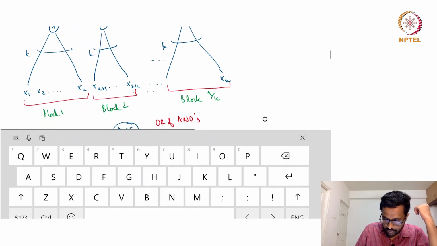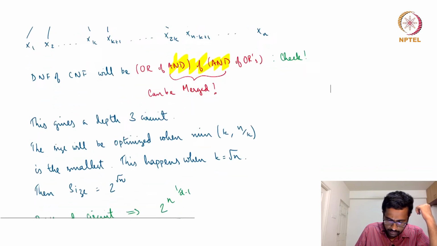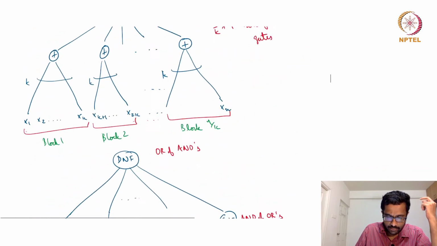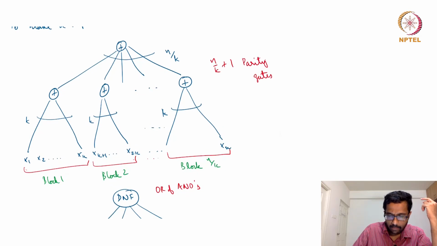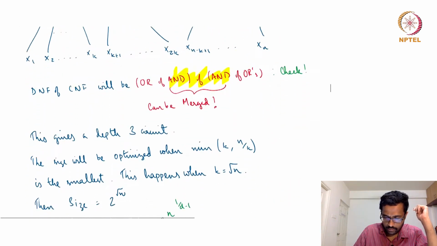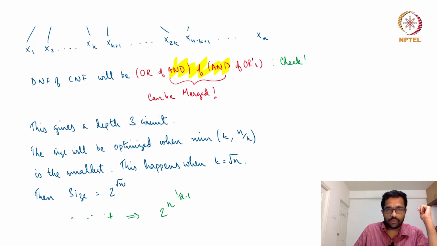So the point I want to make is that the size will be optimized when k and n divided by k are minimized. The DNF or CNF, the first one of them will use k gates, the other one will use n by k gates, right?